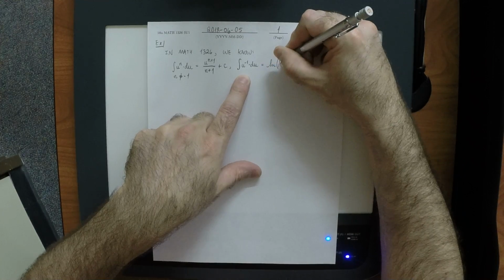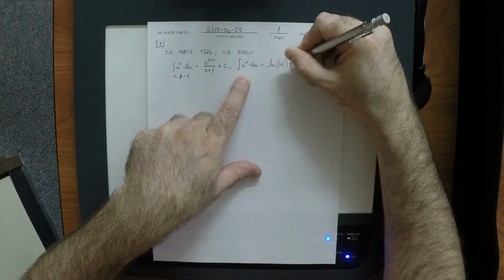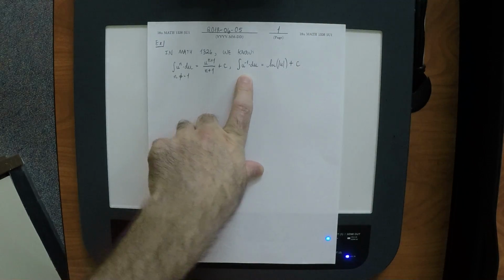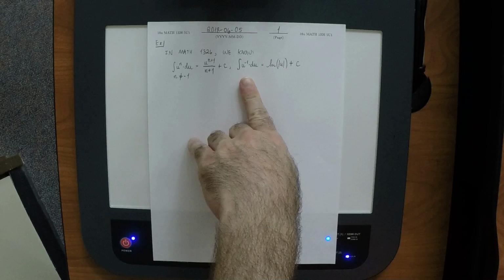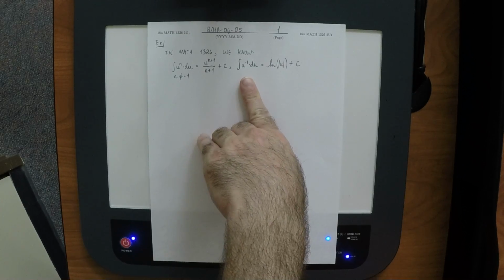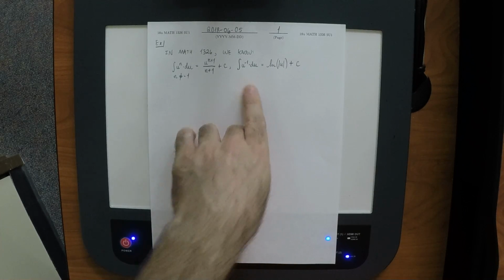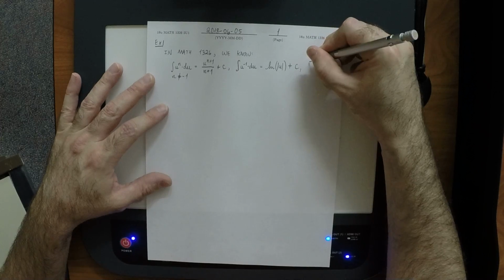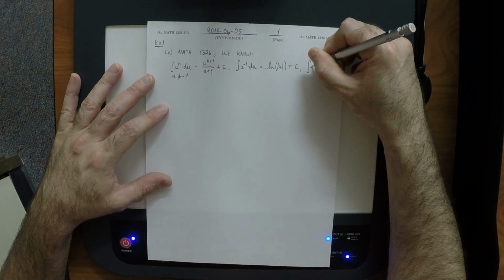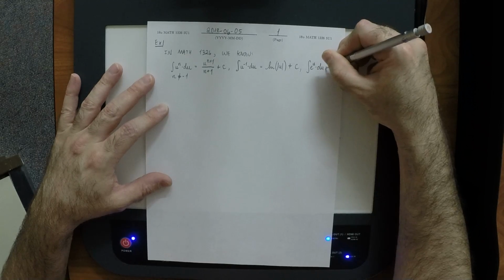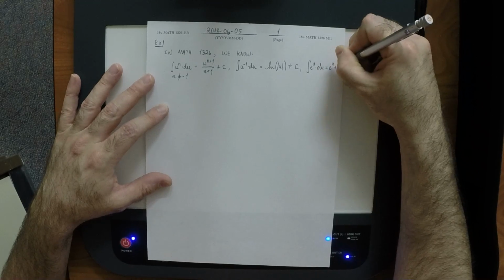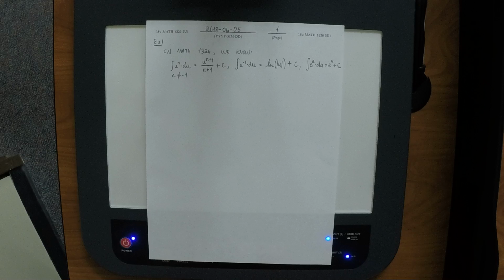Natural log of the absolute value of u, plus a constant. So then we can antidifferentiate u to n du for any n whatsoever. The last one that we know is the antiderivative of exponential of u du, and it is exponential of u plus a constant. So those are the three that we know.